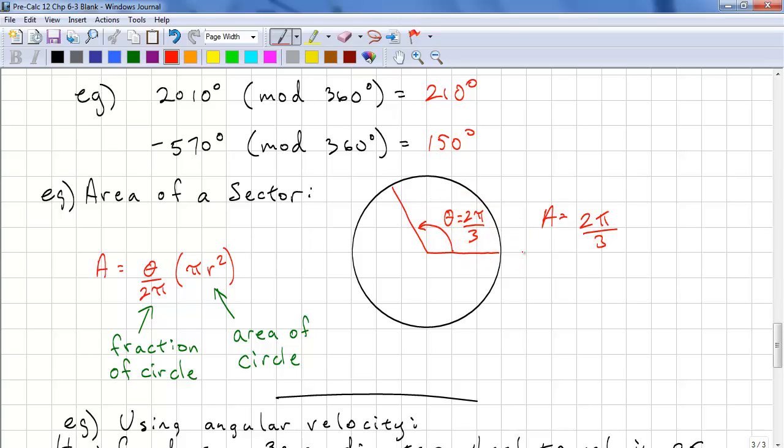This is our angle, and we divide that by 2 pi. And we multiply that by pi r squared. Since we haven't specified a radius, we can just assume r. This cancels out with this, so we have 1/3 pi r squared.